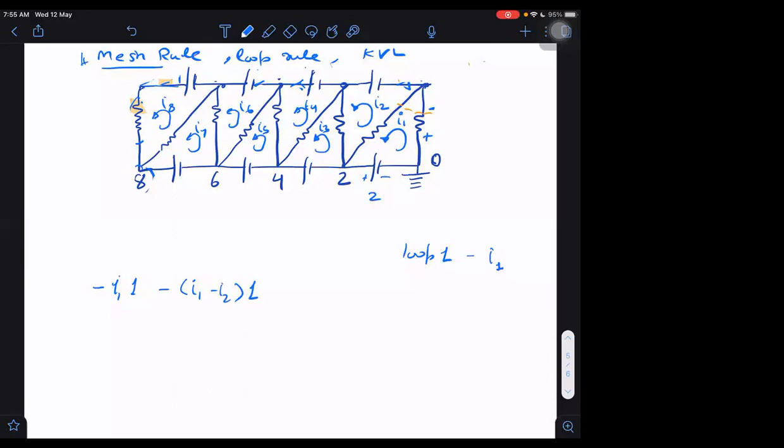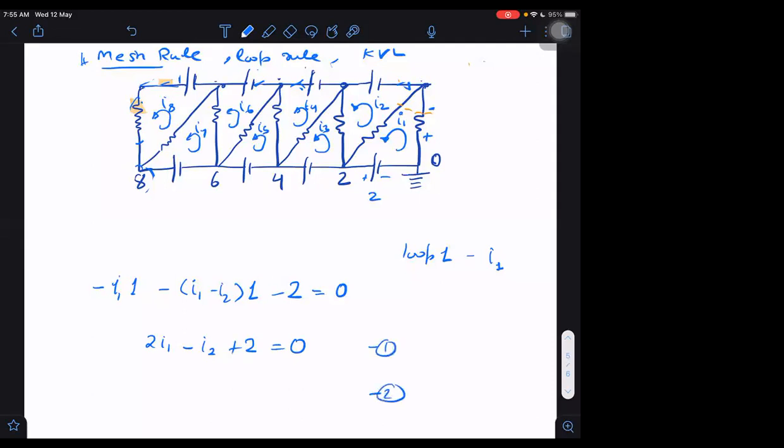If everything is decreasing, then all of these are taken with a negative sign: decrease, decrease, decrease is equal to 0. At last we simplify it a little. We get 2I1 minus I2 minus I2 plus 2 is equal to 0. Multiply this whole equation by minus 1, then we get this result. This is our equation number 1.